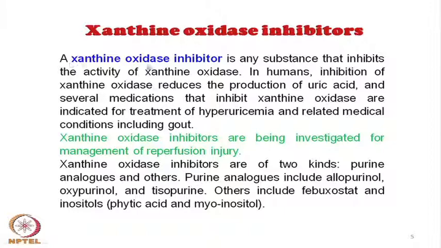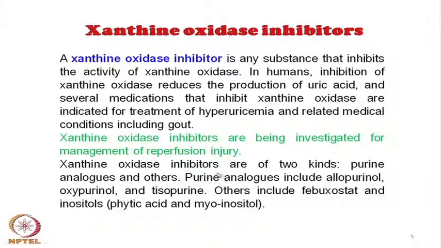We know that the xanthine oxidase is much more active, acting on the xanthine molecule, producing a large amount of uric acid into the blood and ultimately to the urine. So, we design a large number of inhibitors, and we can use their potency as inhibitors, and we can also investigate them for management of reperfusion injury, because in reperfusion injury also we can have more active xanthine oxidases.